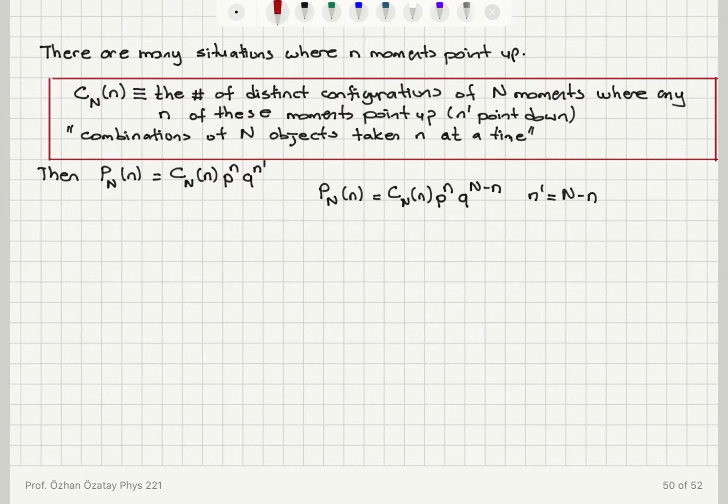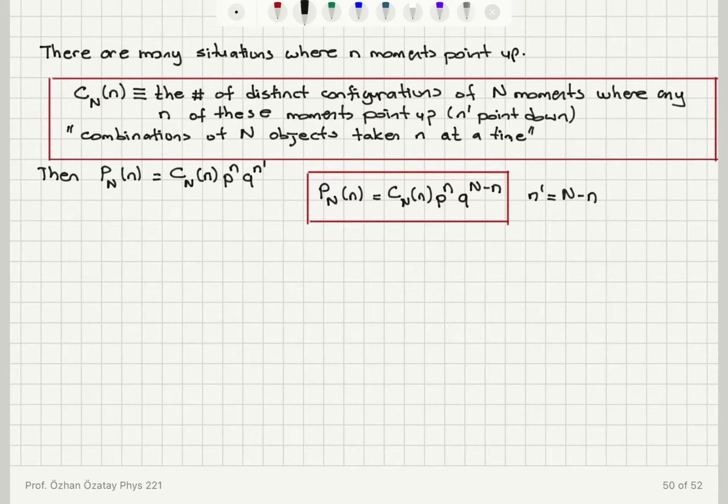Total number of moments is the down moments plus up moments. So this should be my answer. Well, I have to find out how to calculate these number of distinct configurations, the combinations.